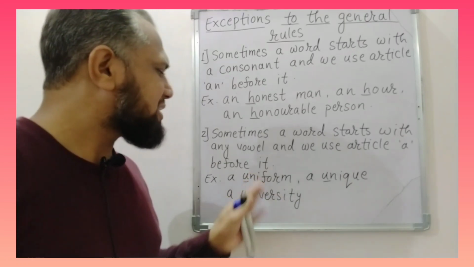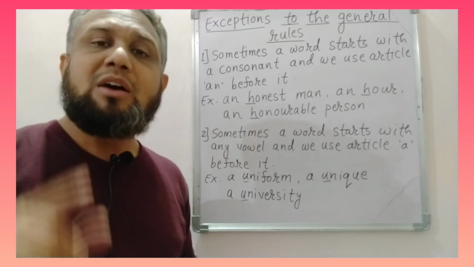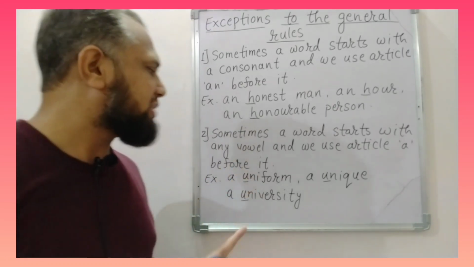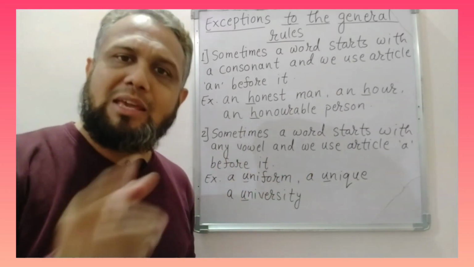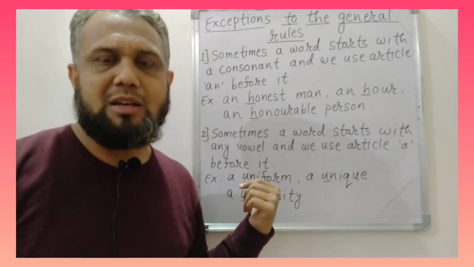We do not say uniform, unique, university with a vowel sound. So we have used the sound of a consonant, therefore we have used article a before the words, even though they have started with a vowel.